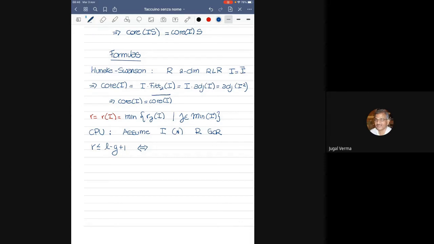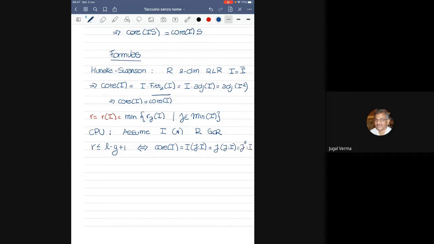As I told you at the beginning, it reads information also about the Rees ring and the reductions, because it says r is less than or equal to l minus g plus 1 if and only if the core of I is exactly equal to I times J colon I. And furthermore, you can also write it as J times J colon I or as J squared colon I.